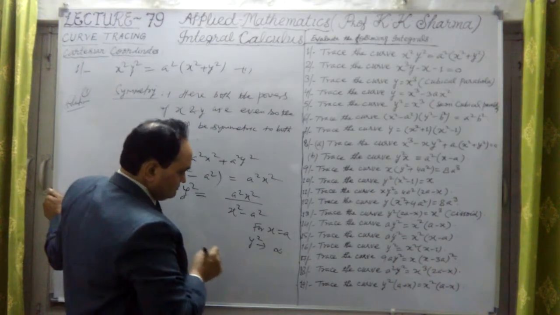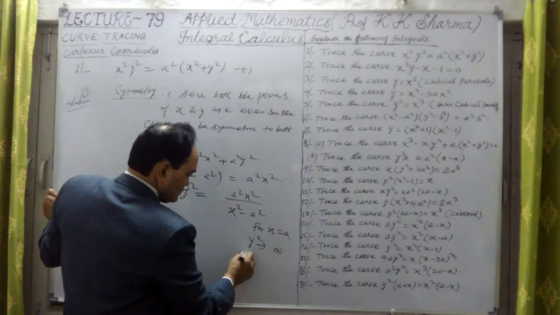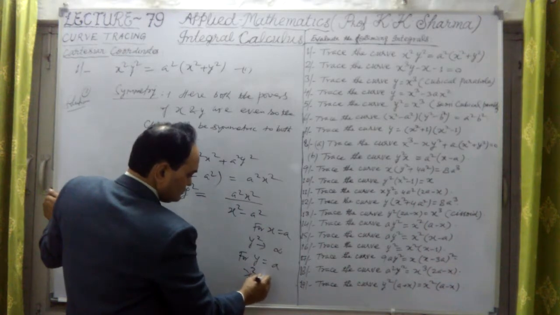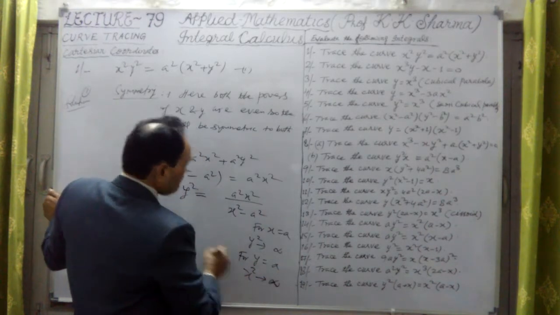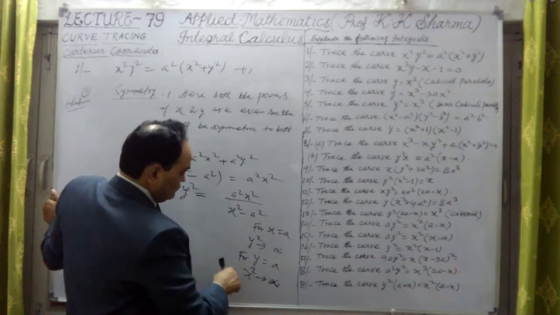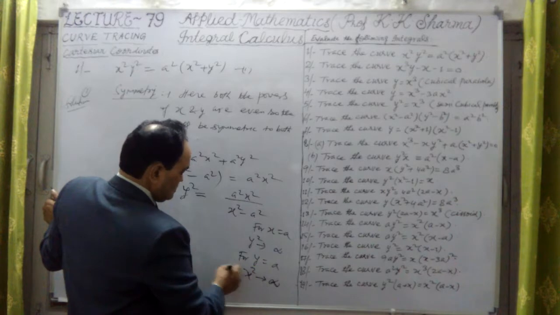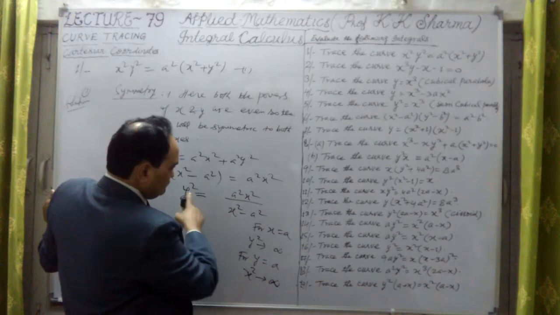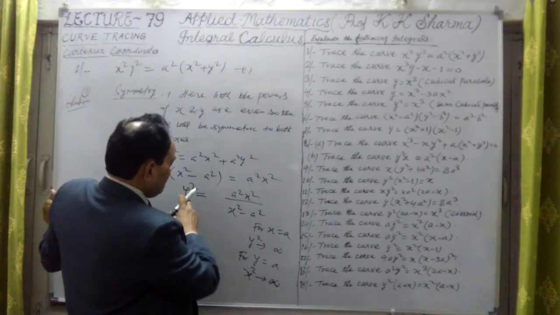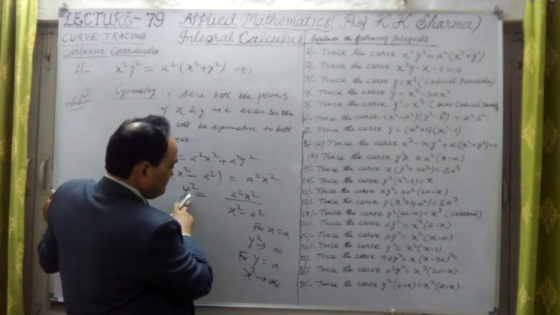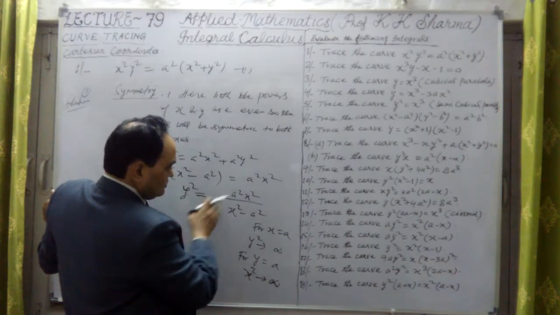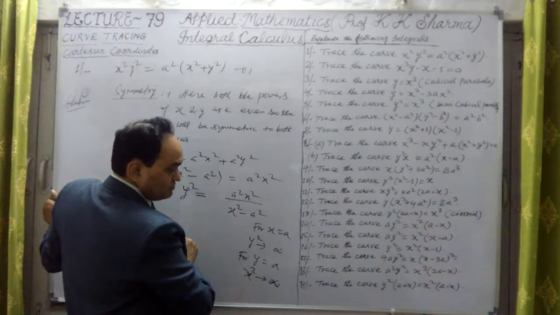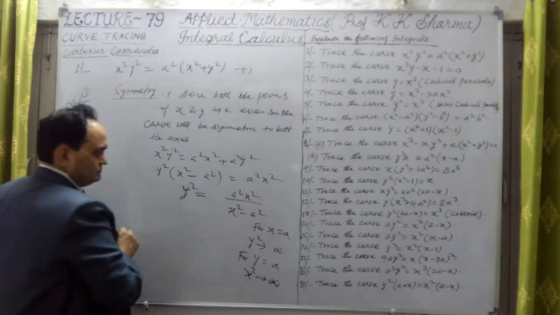Similarly for y equal to a, x square will also tend to infinity, from this equation given. If I put y equal to a, x square minus a square equal to x square only, x will cancel out, y square equal to a square, negative a square.